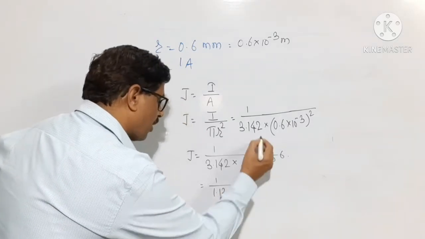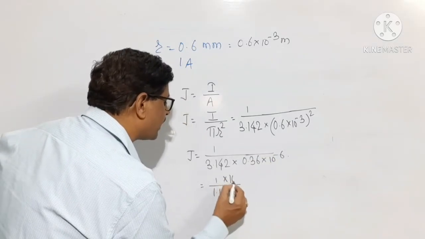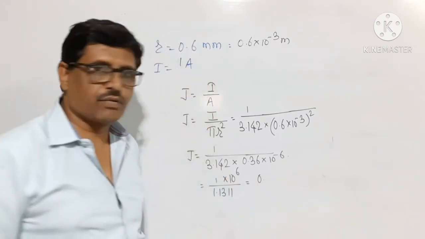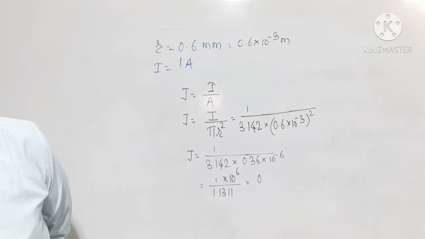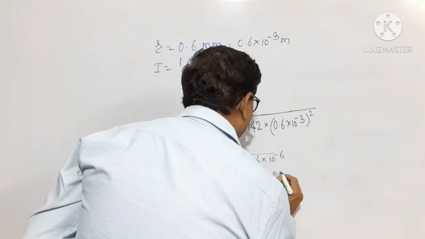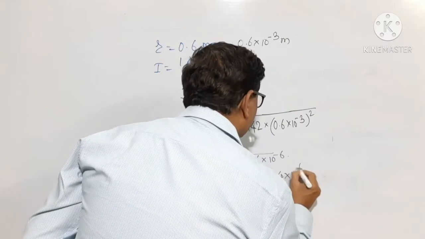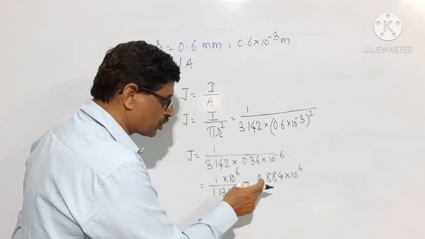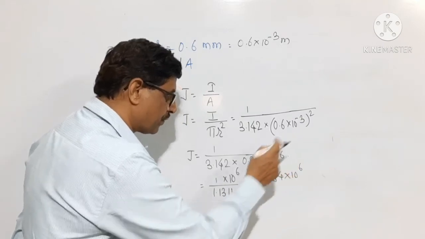Now 10 to the power of minus 6 goes in the numerator, so it will be 10 to the power of plus 6, and it comes out to be 0.884 into 10 to the power of 6. The reciprocal of 1.1311 is 0.884 into 10 to the power of 6.